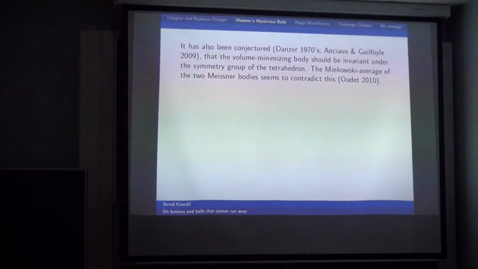It has also been conjectured, more or less out of philosophical reasons, that the body of minimal volume should have the full symmetry of the tetrahedron.